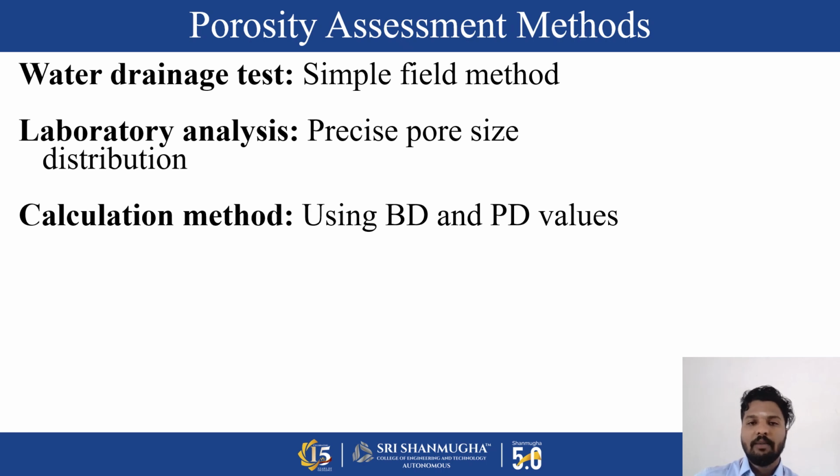The second one is laboratory analysis, used for precise measurement of pore size distribution, for example using pressure plates or porosimetry. The third one is the calculation method, the most common approach, which uses measured bulk density and particle density values to find the porosity.